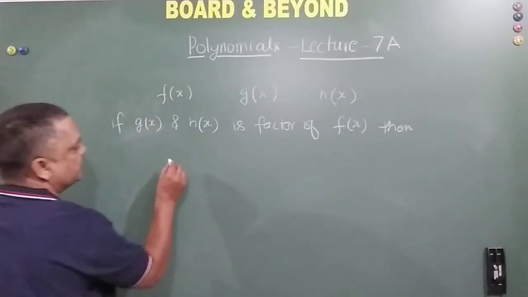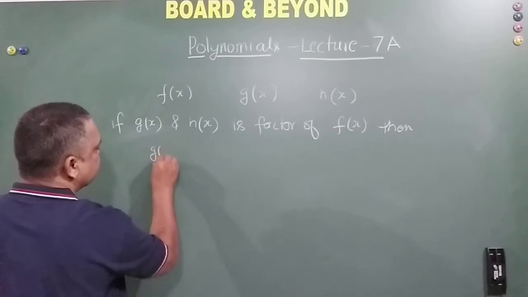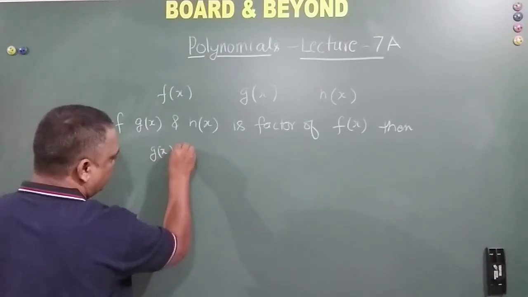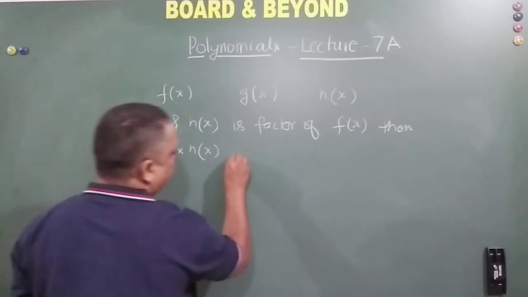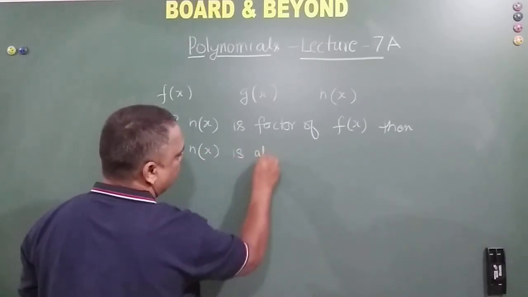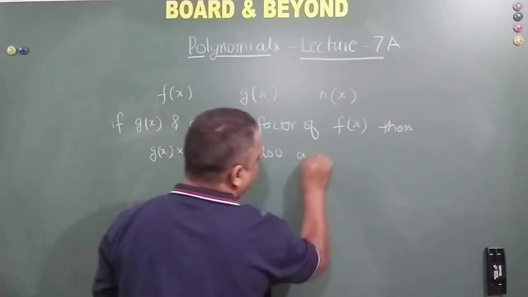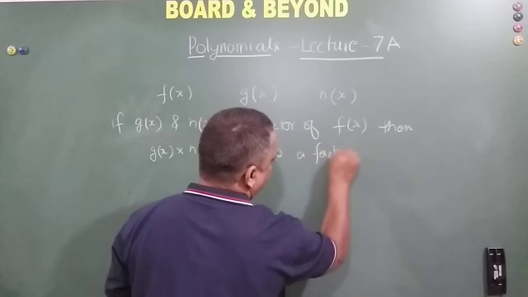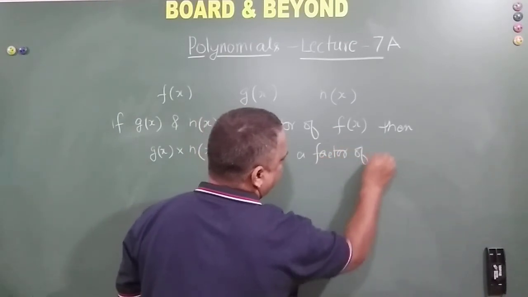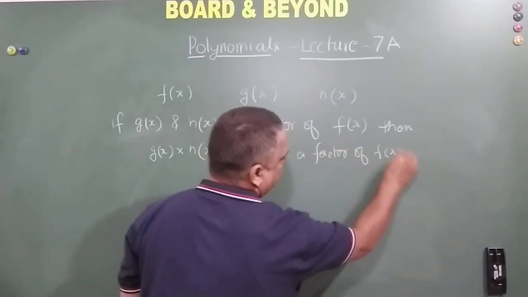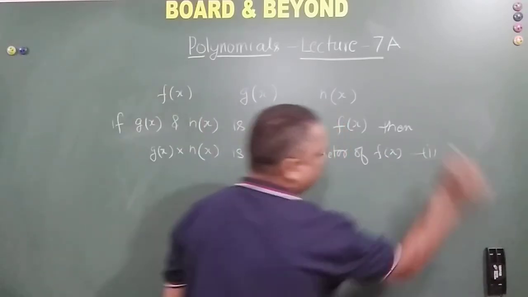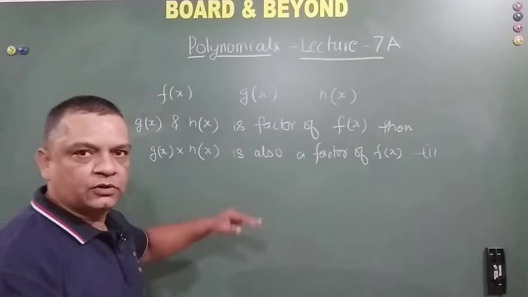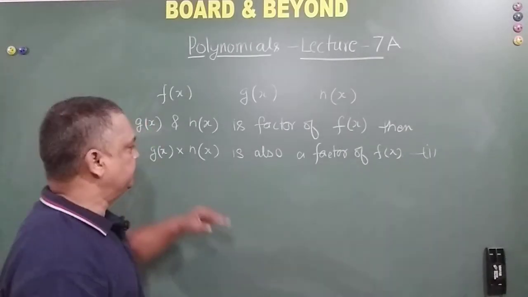Then what happens is g of x into h of x is also a factor of f of x, right? This is 1. So you are able to get this, my friend.